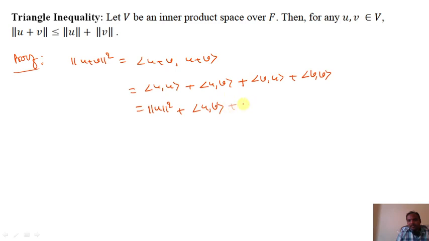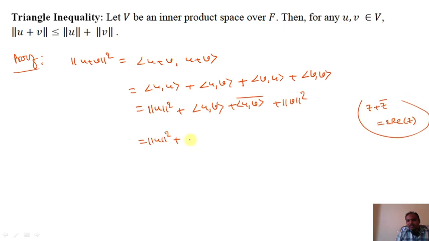This one you can write as u comma v conjugate, plus norm v square. So you know that z plus z bar equal to 2 into real z. And this one you can write 2 into the real part of u comma v plus norm v square.